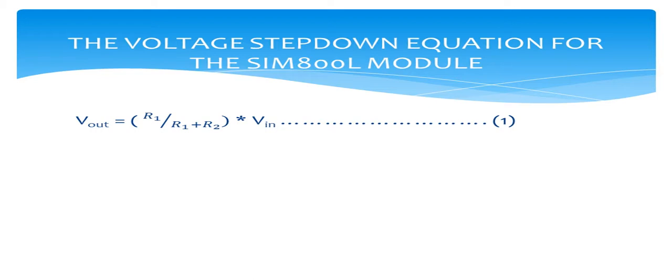Then R2, which is a 2.0 kilo ohm resistor, is connected between the SIM module RX pin and the ground. Vin is the input voltage from the Arduino.